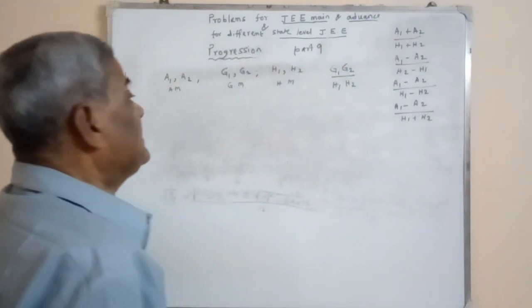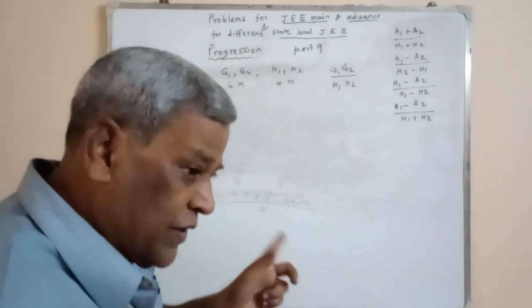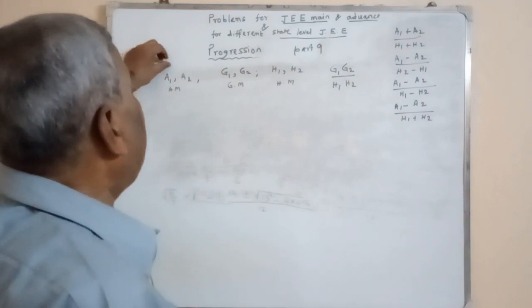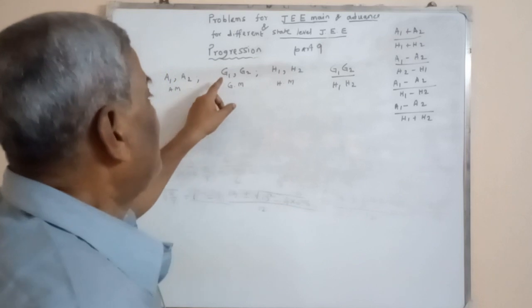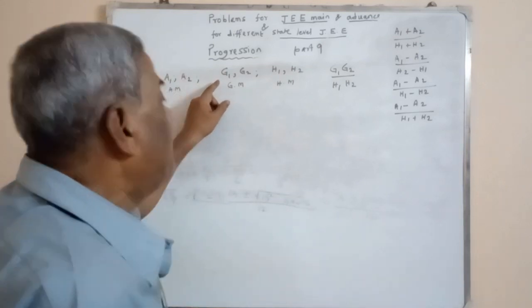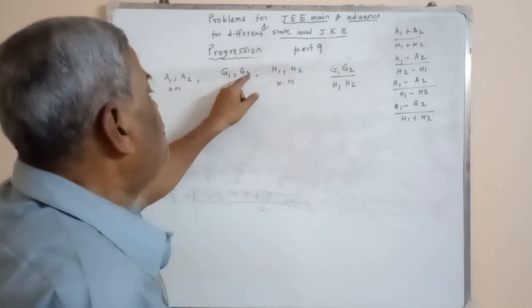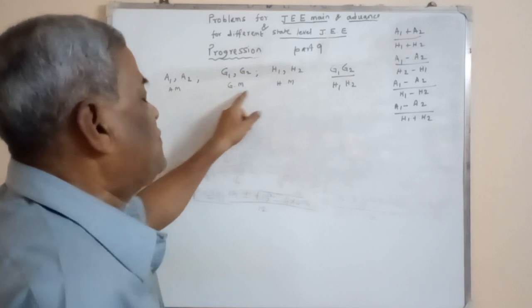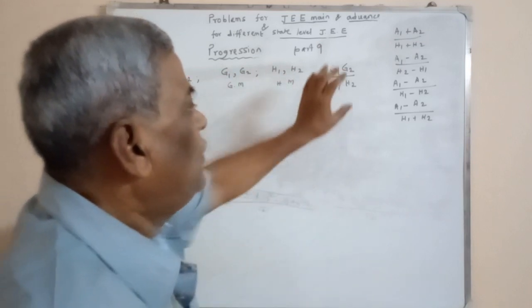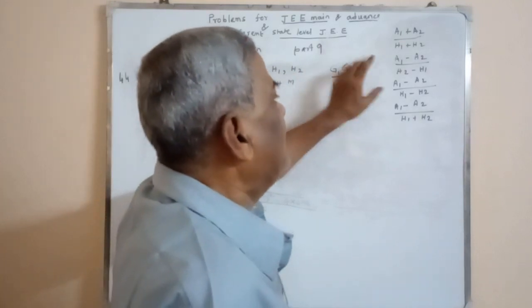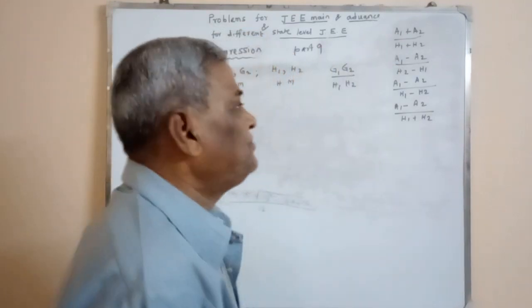Here, between two given numbers, A1 and A2 are two arithmetic means. Between the same two numbers, G1 and G2 are two geometric means and H1, H2 two harmonic means. Then we have to find the value of that in terms of that.